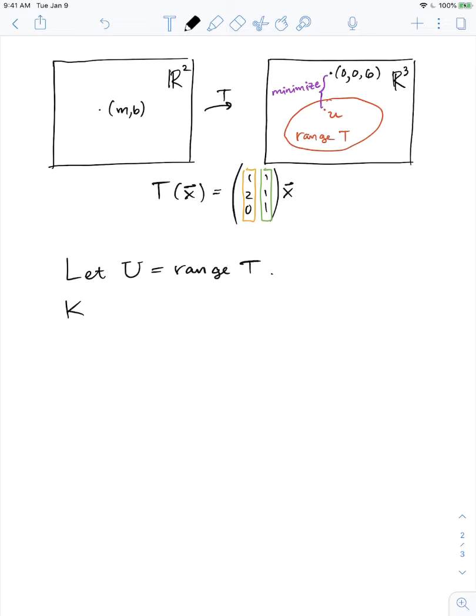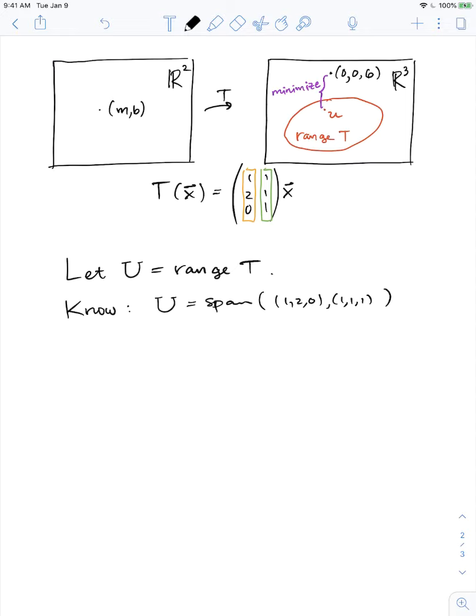Now we already know U equals the span of, well, it's the span of the two columns of the matrix. So it's everything you can build out of (1, 2, 0) and (1, 1, 1). That's the very definition of the range of that matrix multiplication mapping. In fact, you guys might have called it column space back in the day. Whatever you called it, U is equal to the span of those two vectors.